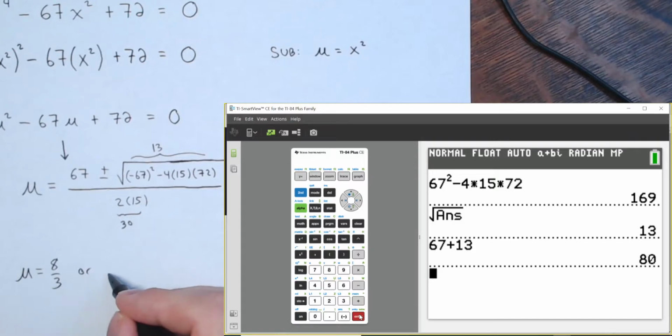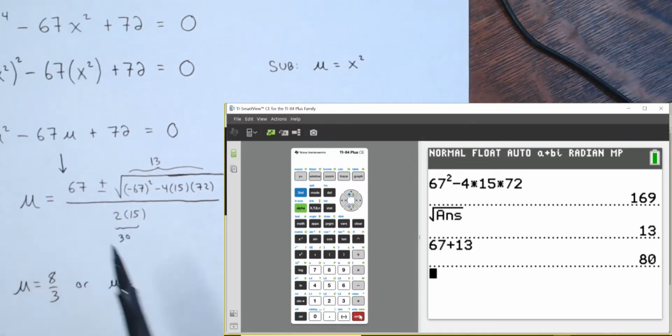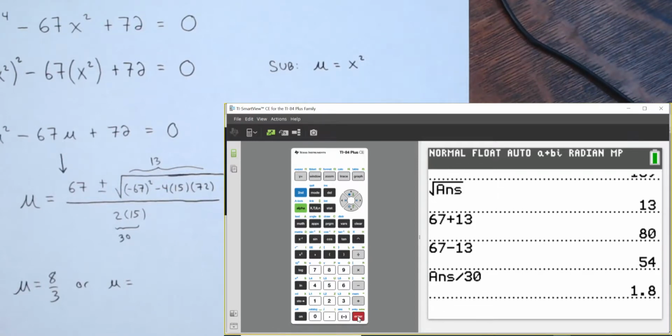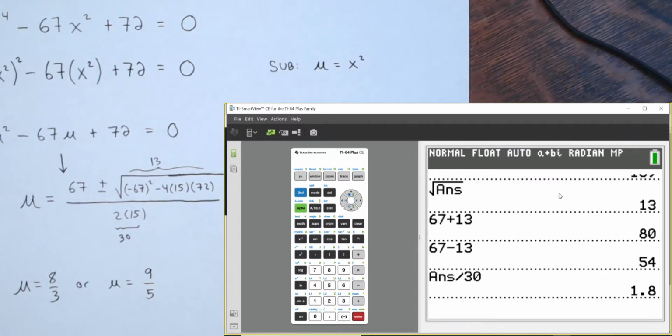The other one is 67 minus 13, which is not 52, 67 minus 13 is 54. 54 divided by 30 is 1.8, so 18 tenths or 9 fifths. So there are the two solutions, 8 thirds and 9 fifths, to that quadratic equation.